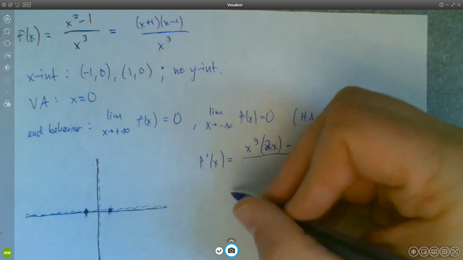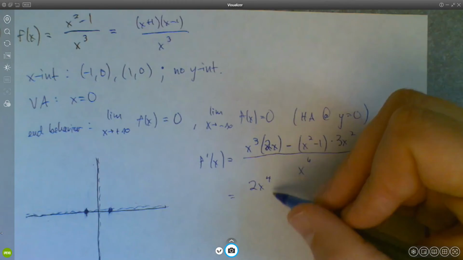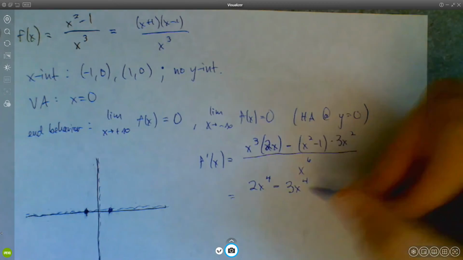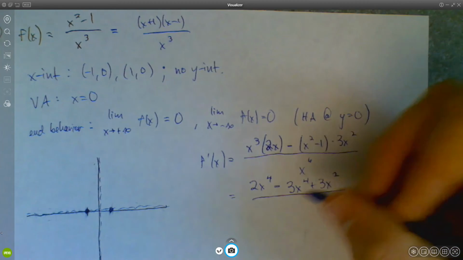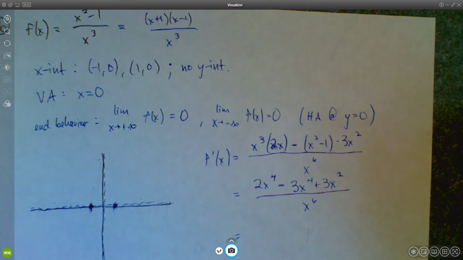And let's see if we can clean that up a little. 2x to the fourth minus 3x to the fourth plus 3x squared. Okay, so that's going to be a negative x to the fourth plus a 3x squared.